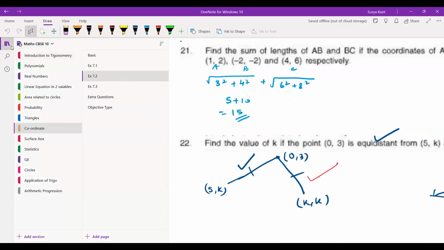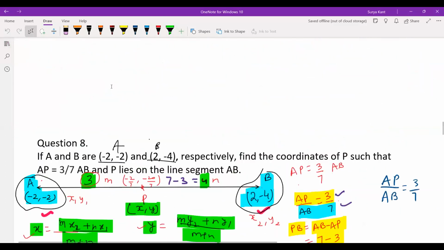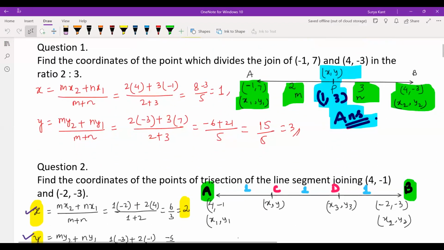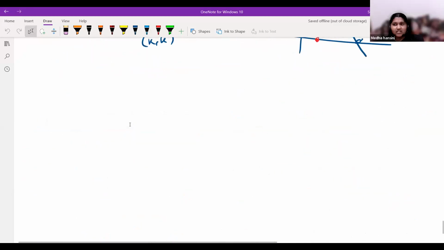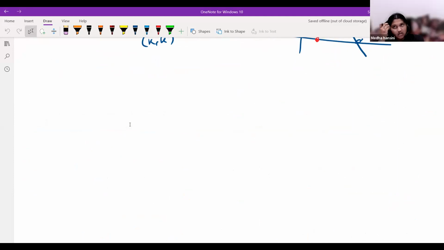Medha, Anshini, what is the formula? What is the section formula? Tell me the formula. We have read it. Yes. X is equal to mx2 minus mx1 by m plus n.